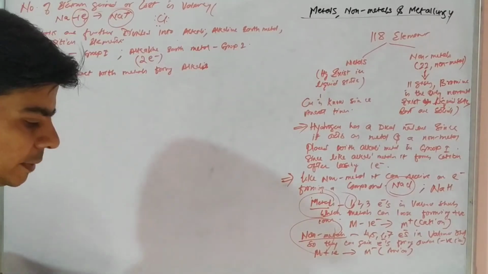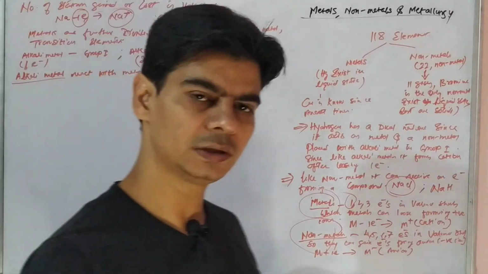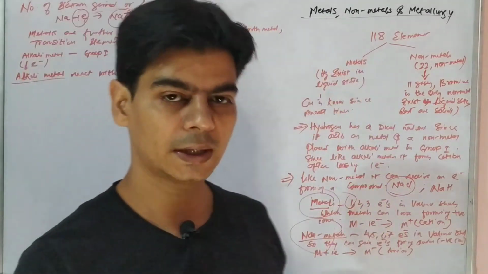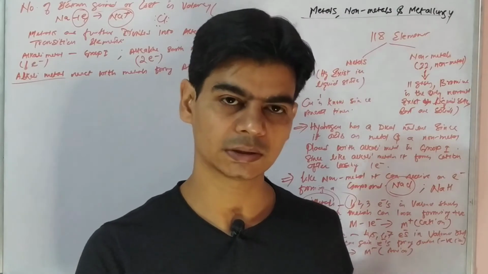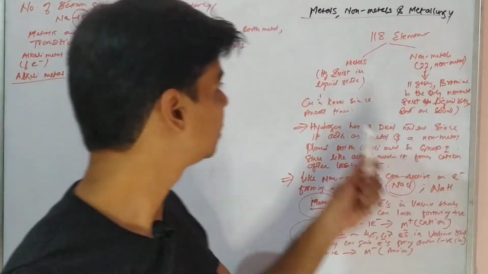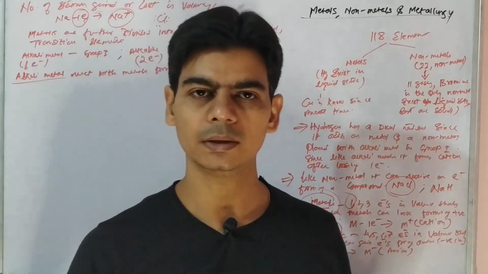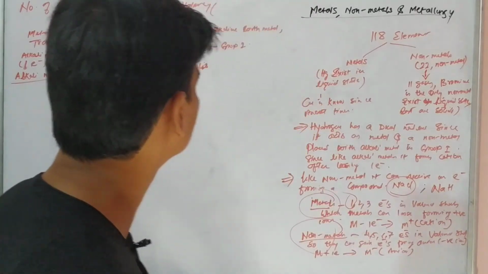Similarly, why do we call it alkaline earth metals? Because all metals that come under alkaline earth metals are found in the earth crust. So from there we have taken the word earth, and alkaline because they also react with water forming alkalis, which are water soluble bases.